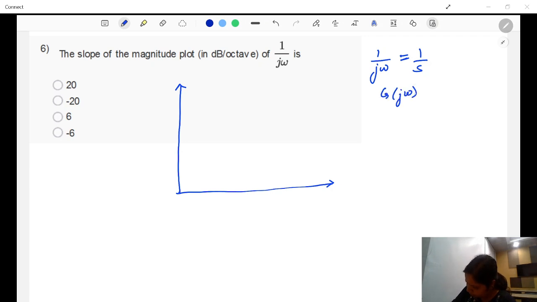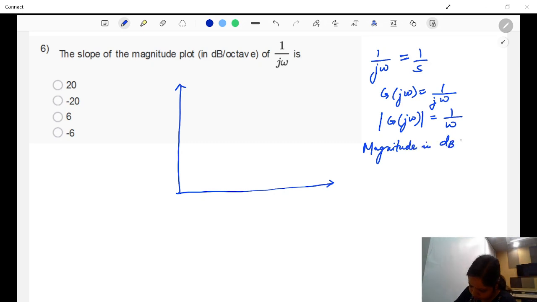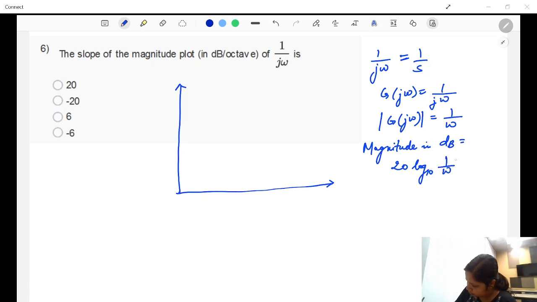G of j omega is 1 upon j omega, so the magnitude of G of j omega is 1 upon omega. Now I want the magnitude in dB. It would be 20 log 10 of the magnitude of G of j omega, 1 upon omega, dB.